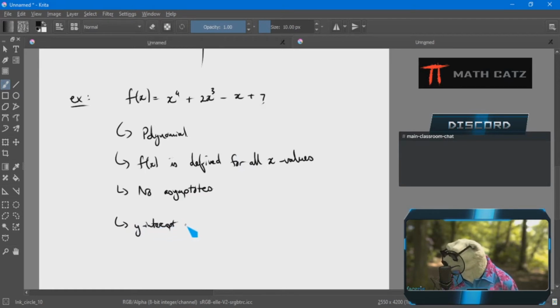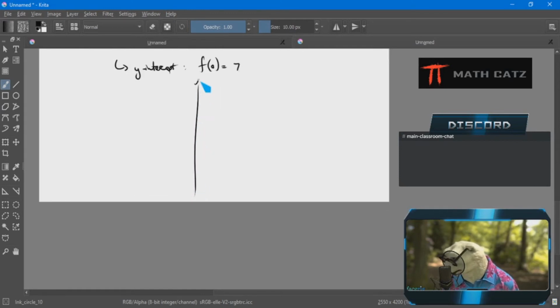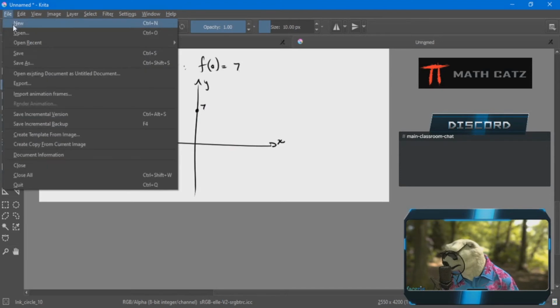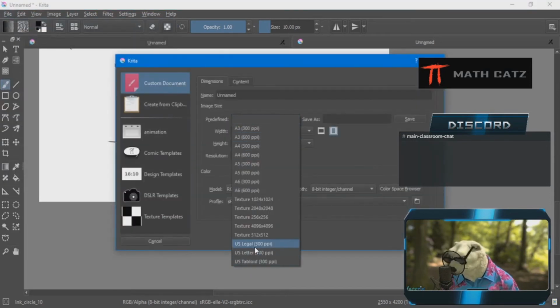but it has value. Find the y-intercept, feel good about myself, it's 7. I can then, if I wanted to, start visualizing my graph process, but I don't know that much, right? I have a point on the graph, but it's better than nothing.